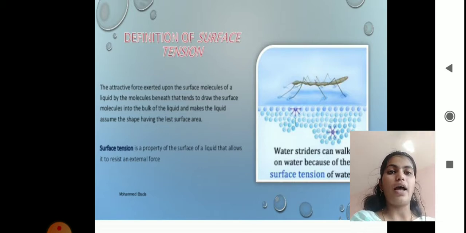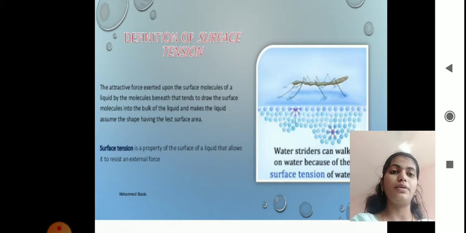Surface tension is the attractive force exerted upon the surface molecules of a liquid by the molecules below, which tends to draw the surface molecules into the bulk of the liquid and make the liquid assume the shape having the least surface area.